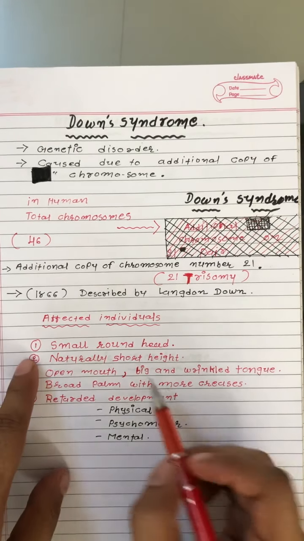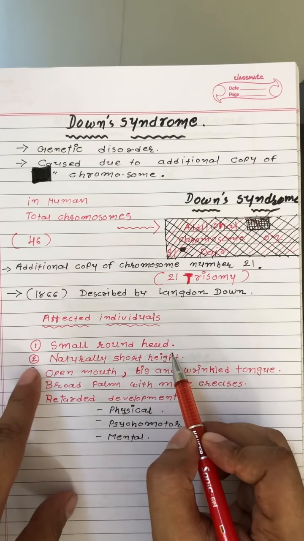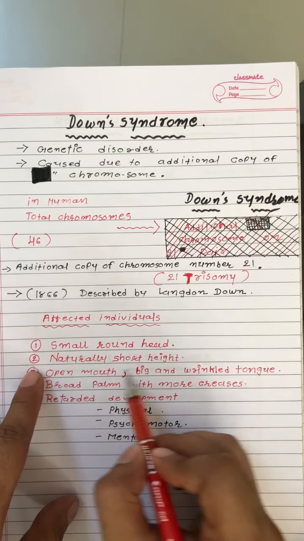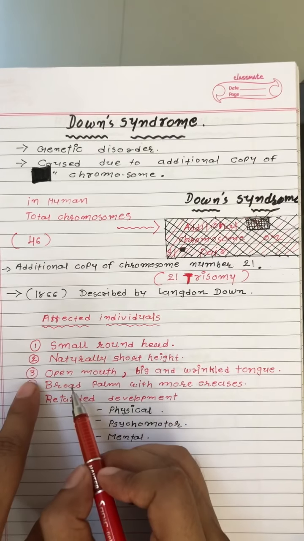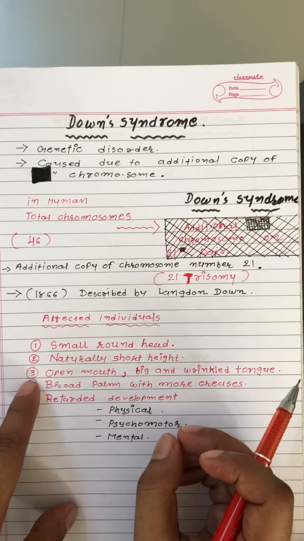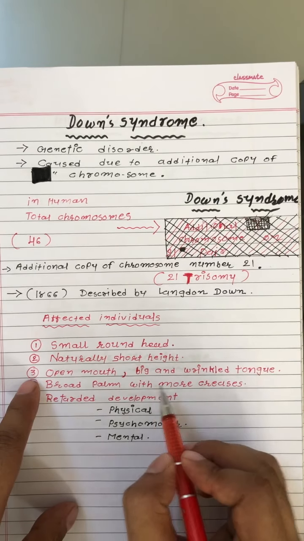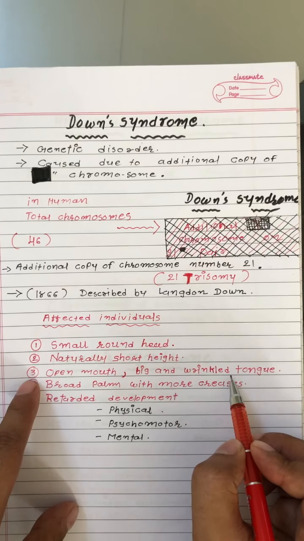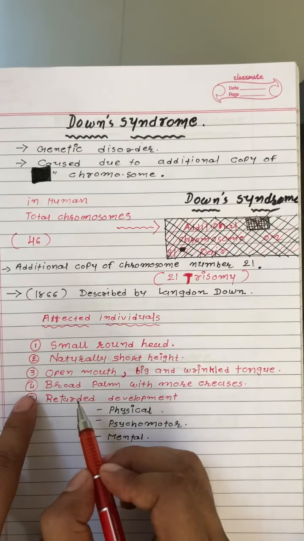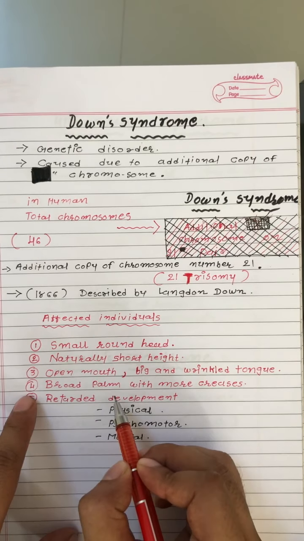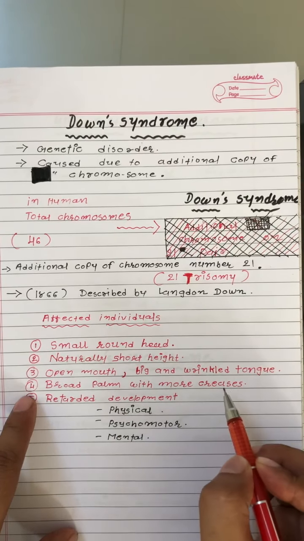Number 1, small and round head. Number 2, naturally short height. Number 3, open mouth, and their tongue is a little bigger but a little wrinkled. Number 4, this person will have a broad palm with more creases in their palm.